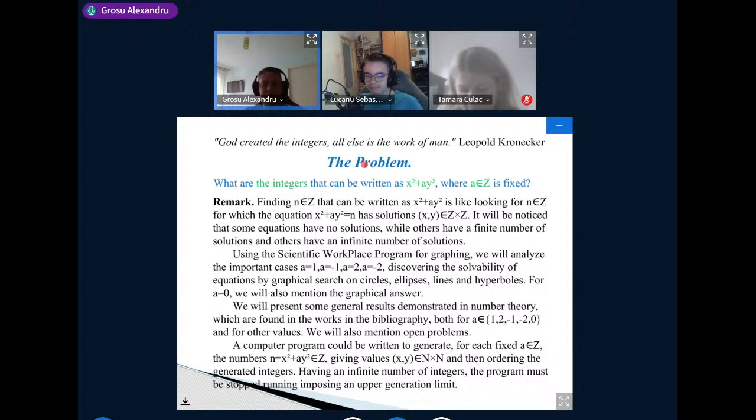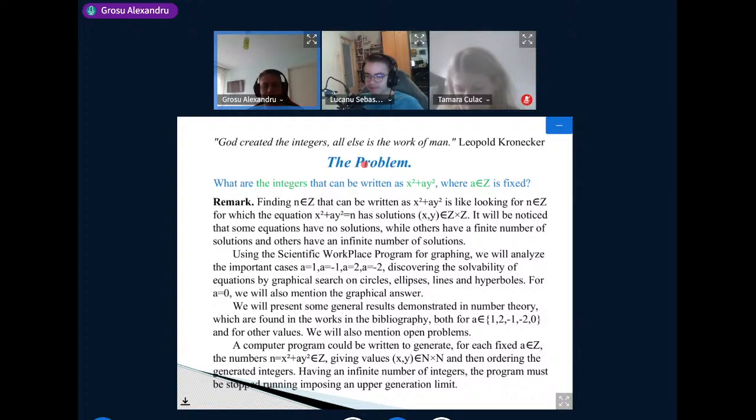Finding an integer that can be written as x squared plus a y squared is like looking for an integer n for which the equation x squared plus a y squared equals n has solutions x and y integers. It will be noticed that some equations have no solution, while others have a finite number of solutions, and others have an infinite number of solutions.